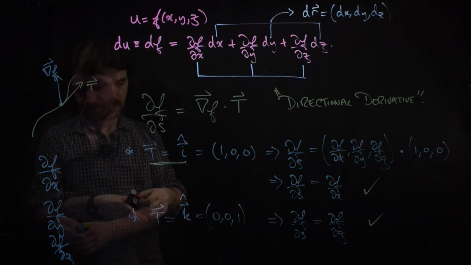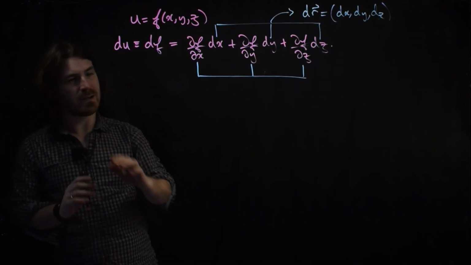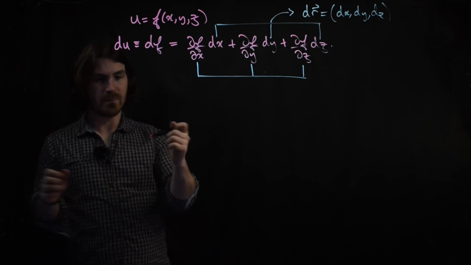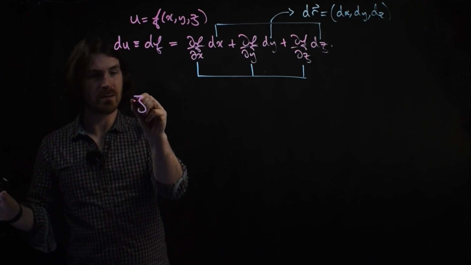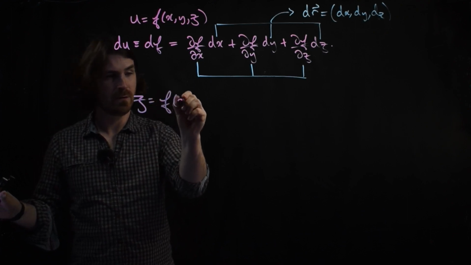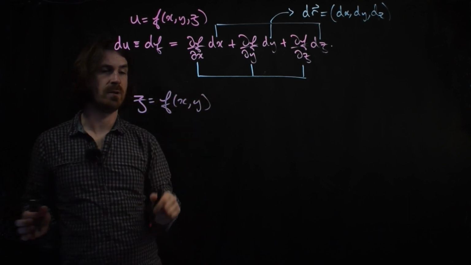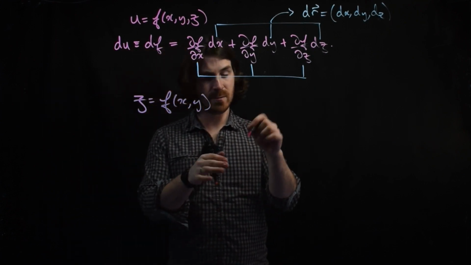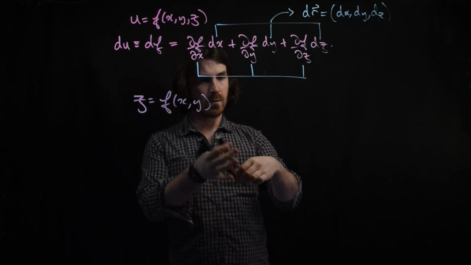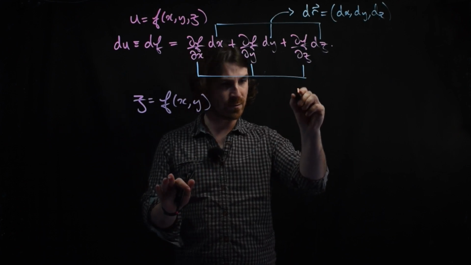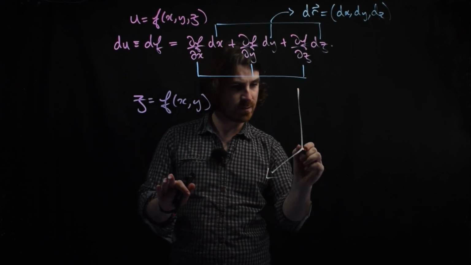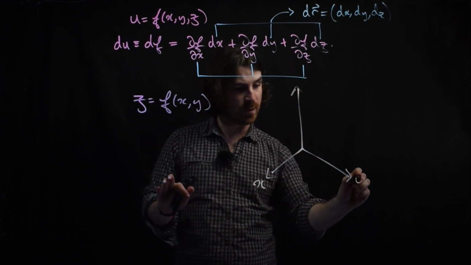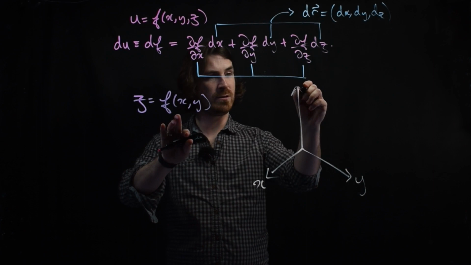Okay, so let's make it a bit clearer about the directions that we were talking about. Let's think about a function of two variables, z equals f of x and y. This is a surface. So let's draw the x, y, and z axes. We've got x and y, and the value of the function is z.